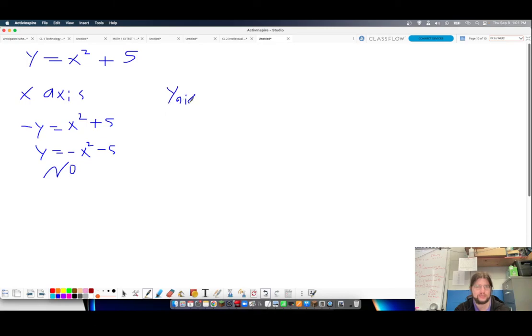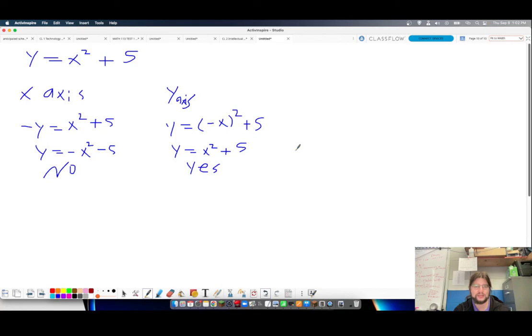Y-axis. You plug in negative x. Simplify. And as you can see, it is the same as the original, so that's a yes.